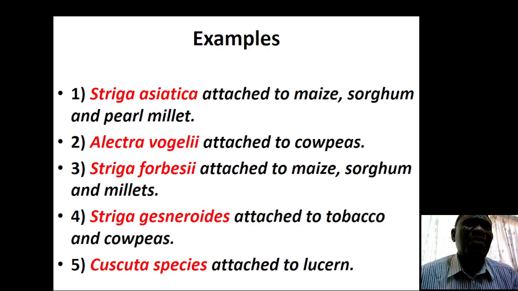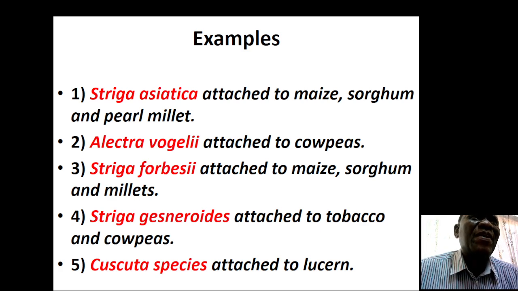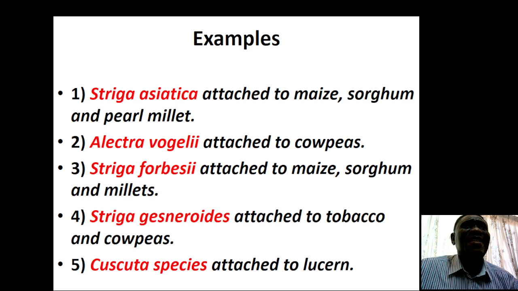Later on we will talk about parasitic weeds, but here I have got 5 examples. Number 1, Striga asiatica, which can attach to maize, sorghum, or pearl millet. Then we have Alectra vogelii, which can attach to cowpeas.